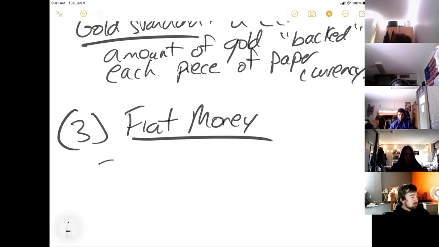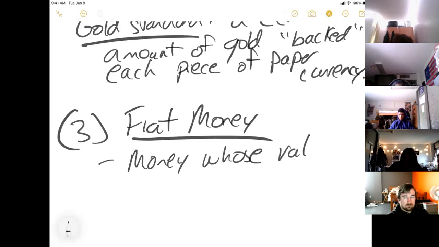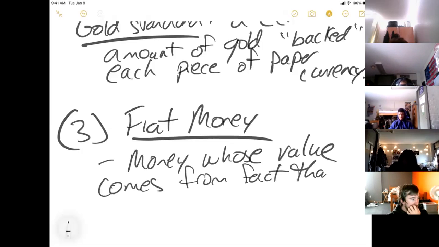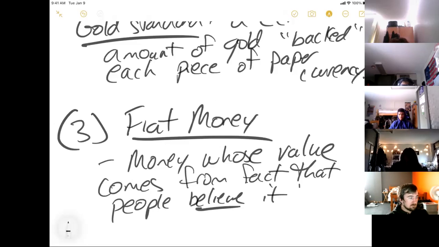So fiat money is money whose value comes from the fact that people believe it has value.